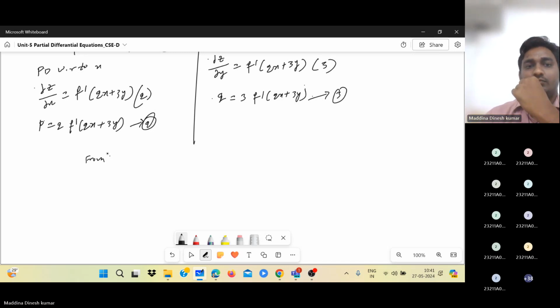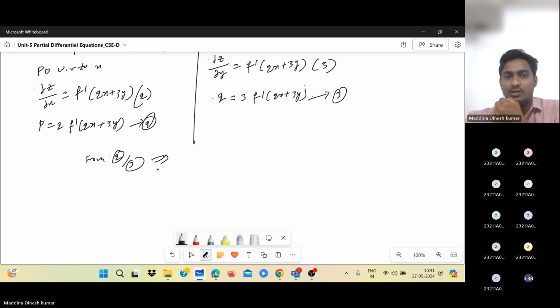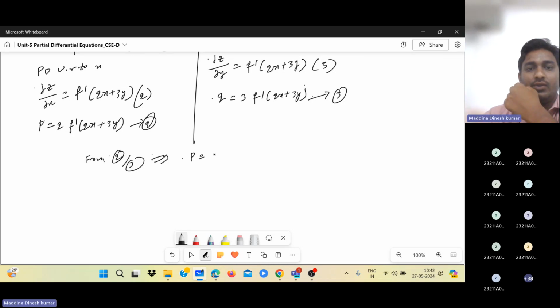Dividing 2 by 3, p by q equals 2 f dash of 2x plus 3y by 3 f dash of 2x plus 3y.